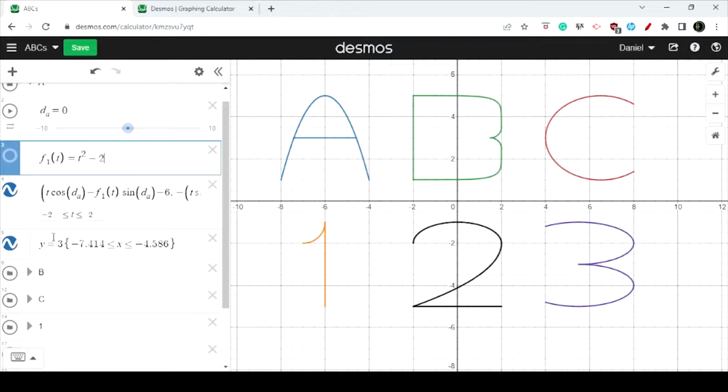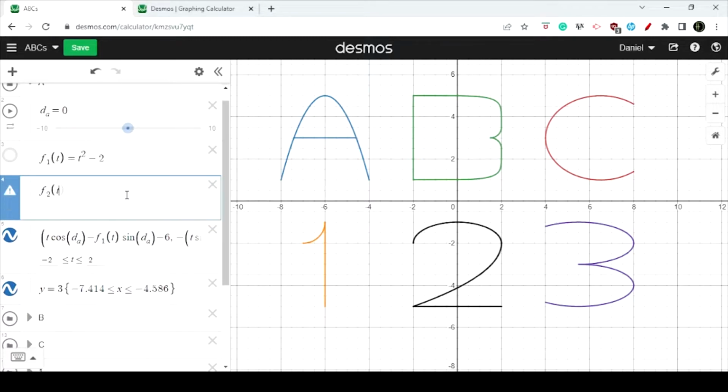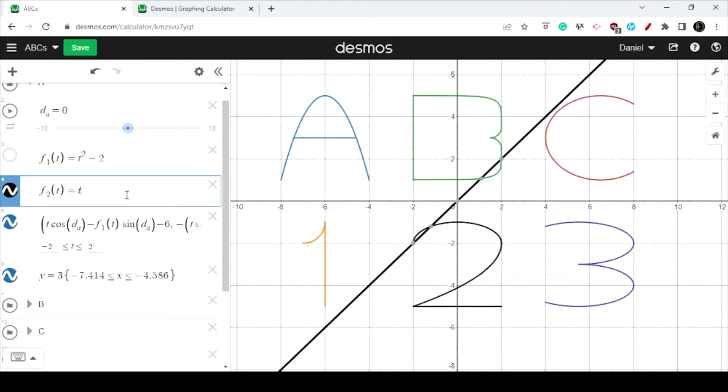So the parent function I'm recommending is f2 of t is equal to t, because this line is rotated, and you can treat this as a line rotated 45 degrees. So if you kick this off with the 45-degree rotation right out the gates, well, I'll show you what I'm talking about here.